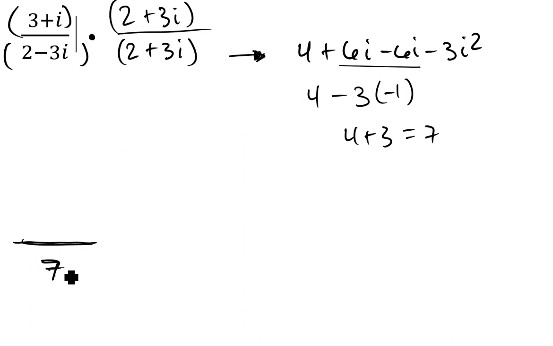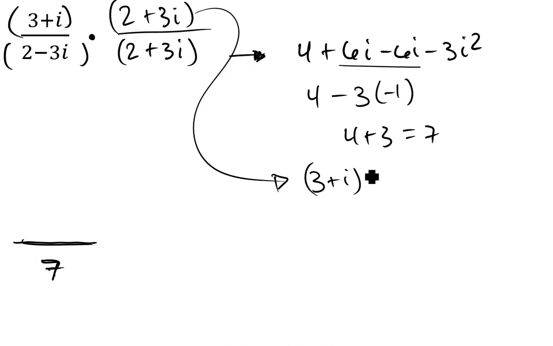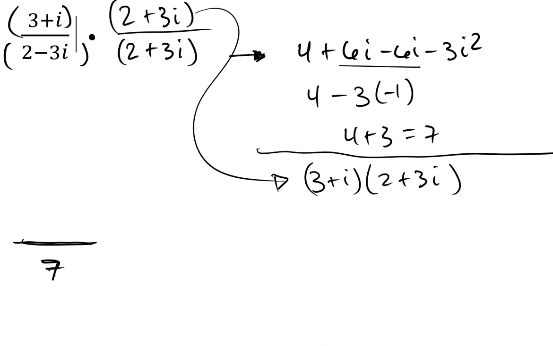Now, let's take a look at what's happening with this numerator. I'm going to be multiplying 3 plus i, and then 2 plus 3i. 3 times 2 is 6, and then 3 times 3i is plus 9i, and i times 2 is plus 2i, and i times 3i is plus 3i squared.